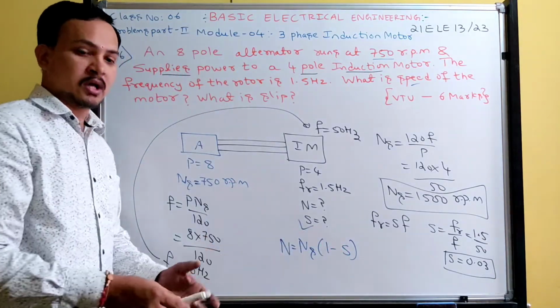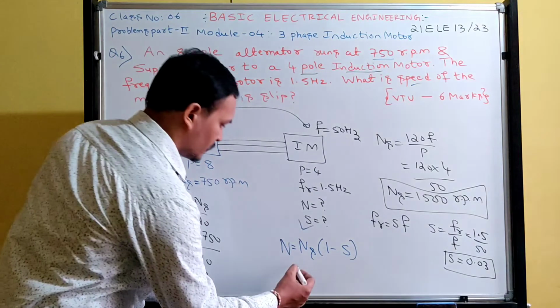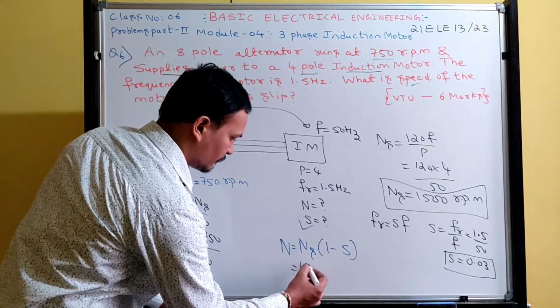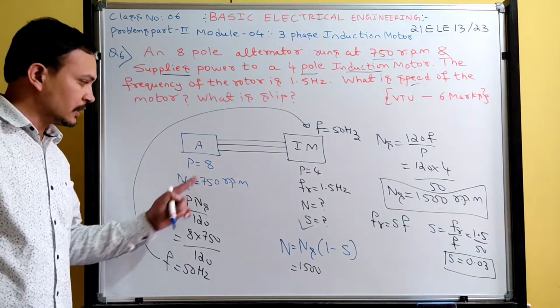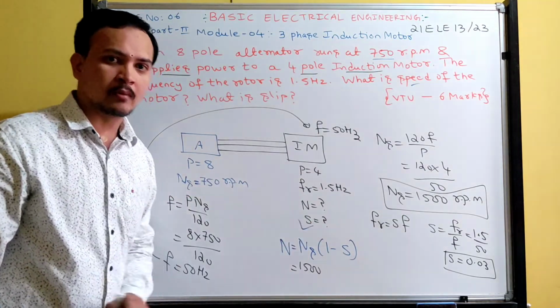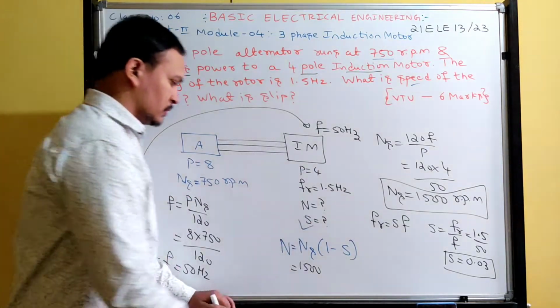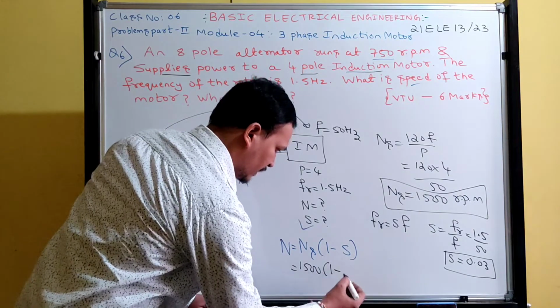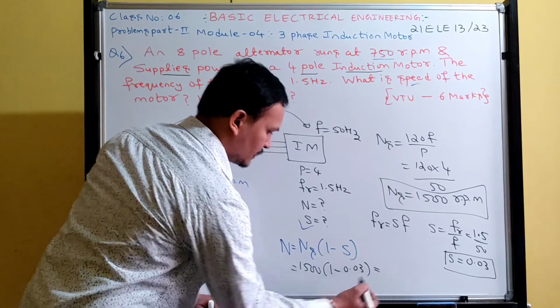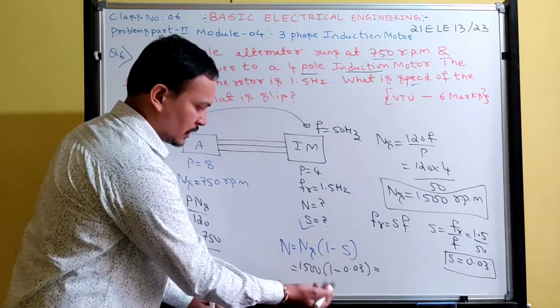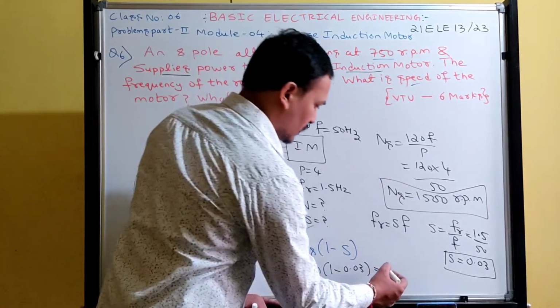Rotor speed never becomes negative. Now, what is the synchronous speed of the induction motor? Don't take the alternator data in induction motor formulas. So 1500 into 1 minus, what is the value of slip? 0.03. Calculate 1 minus this and multiply. What is the answer you get?